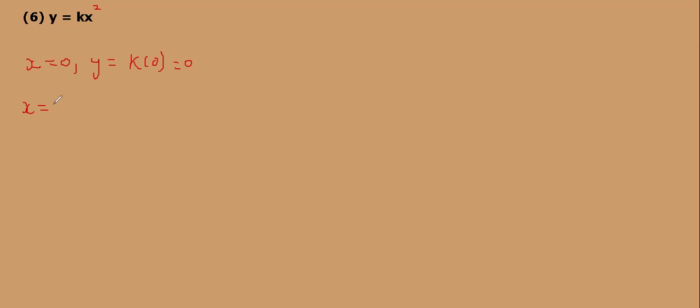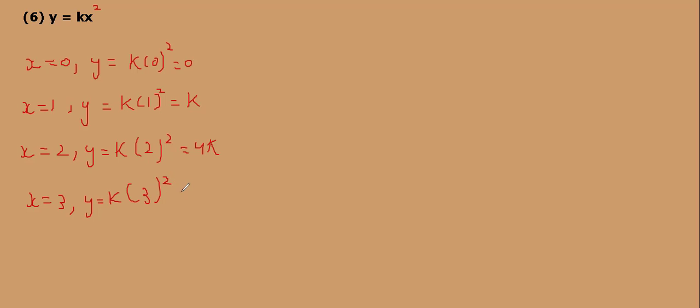If we put the x value as 1, then y value is also k into 1, that comes out to be k only. If you put the x value equal to 2, the squares are there in that case, so k into 2 square becomes 4k. Similarly, x value equal to 3, y equal to k into 3 square, square of 3 is 9k.